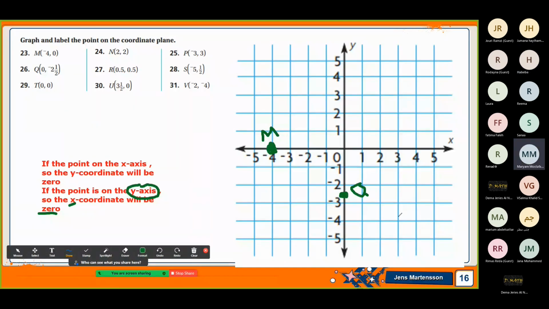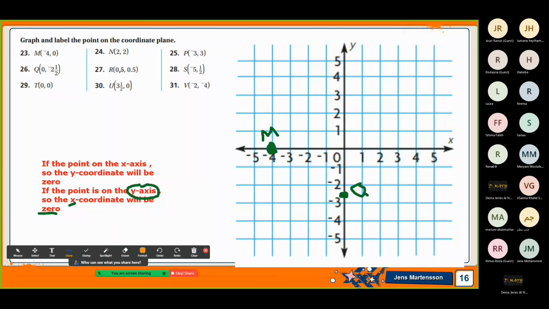Now, Fatima. Number 27, R. It's on the x-axis. Between which 2 points? Between negative 1 and 0?